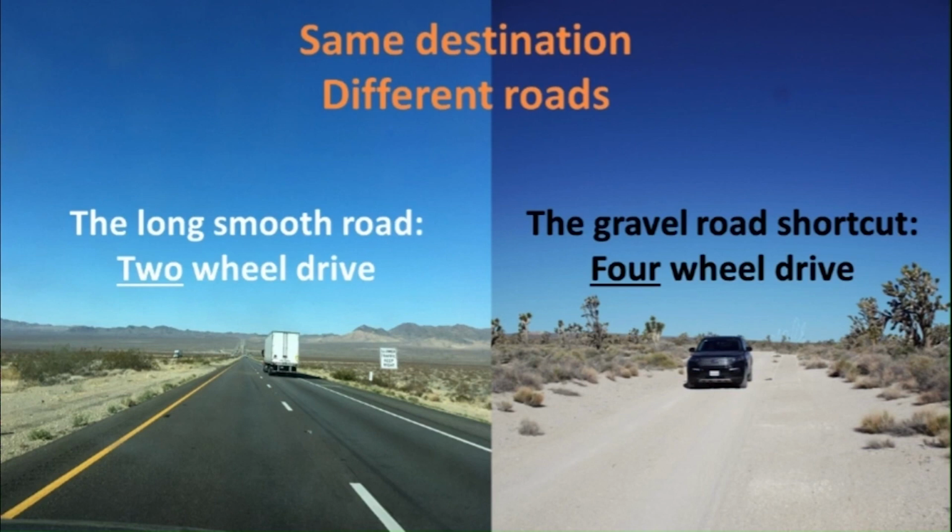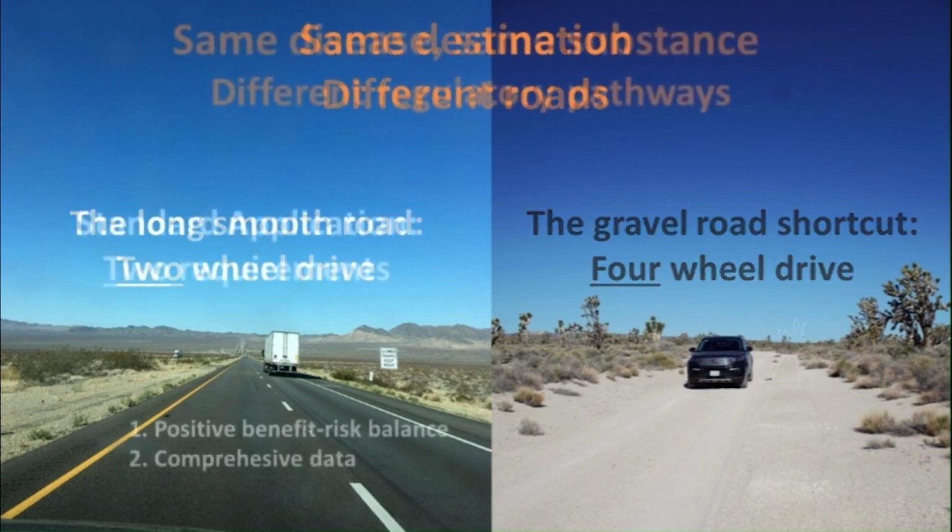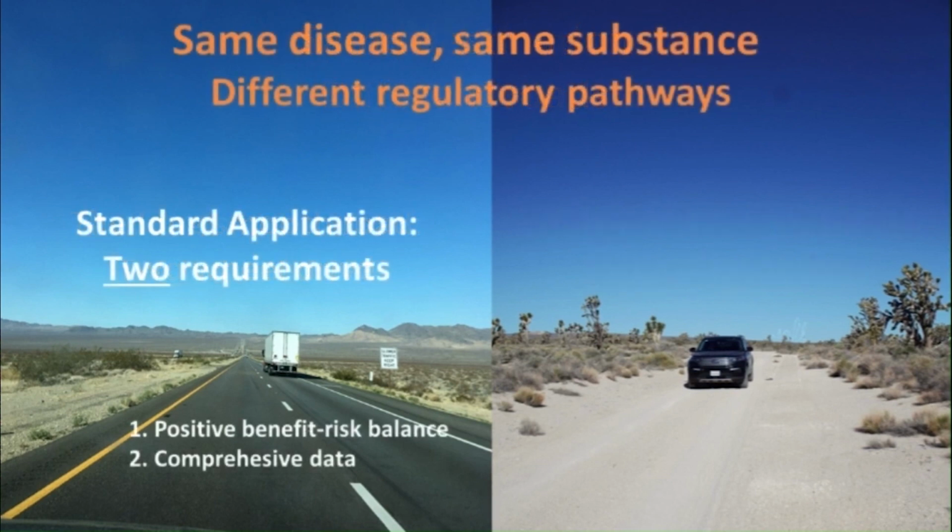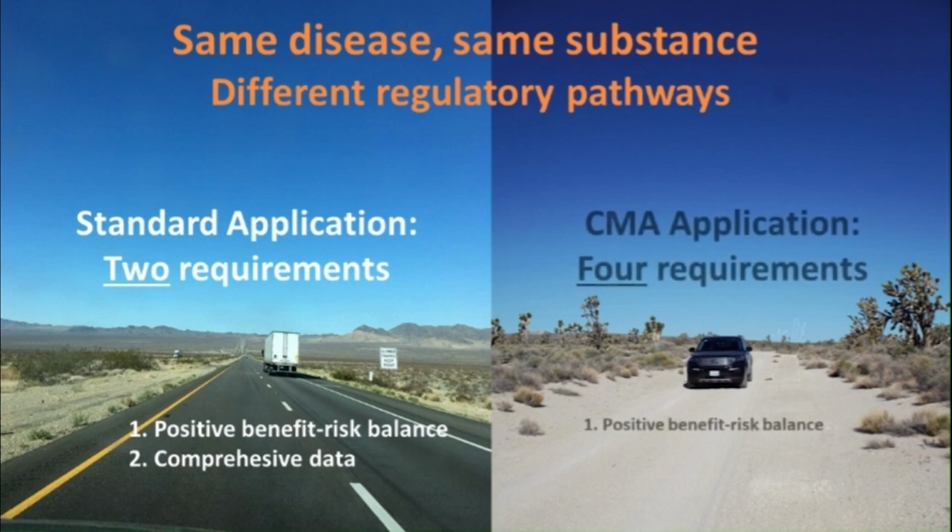The standard application for a marketing authorization is a long, smooth road. Think the one suitable for a two-wheel drive, the one with only two requirements: a positive benefit-risk balance and comprehensive data. That's why you see a truck here, you're gonna need a truckload of data. The conditional marketing authorization may be the shorter road, but the more challenging one. Think, you need a four-wheel drive because you have four requirements.